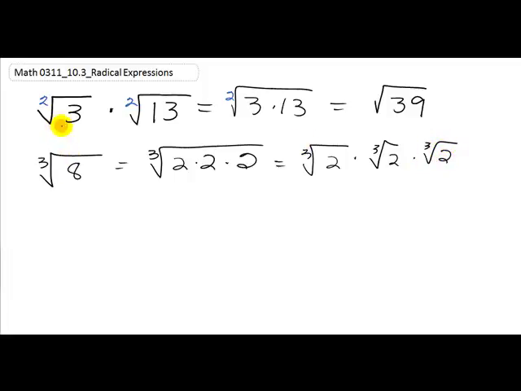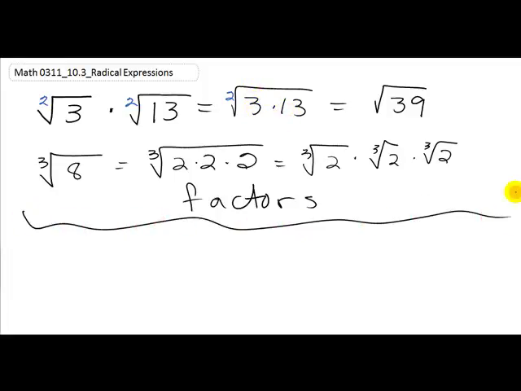We need to keep in mind that we can take something that's underneath and split it into its factors, or we can have things underneath the radical sign that are being multiplied that we can then multiply underneath our little radical sign. This will help us when we go to do our simplifying.